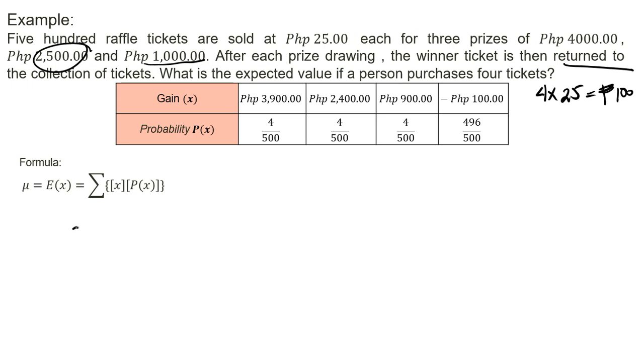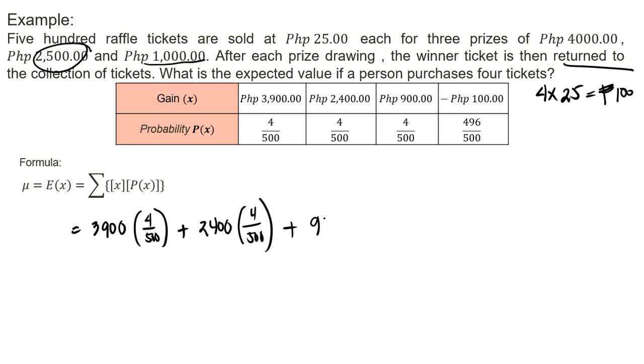So, umpisahan po natin. Yung una, 3,900 times 4 over 500 plus 2,400 times 4 over 500 plus 900 times 4 over 500 and then plus negative 100 kasi siya, so magiging minus na. Minus 100 times 496 over 500.